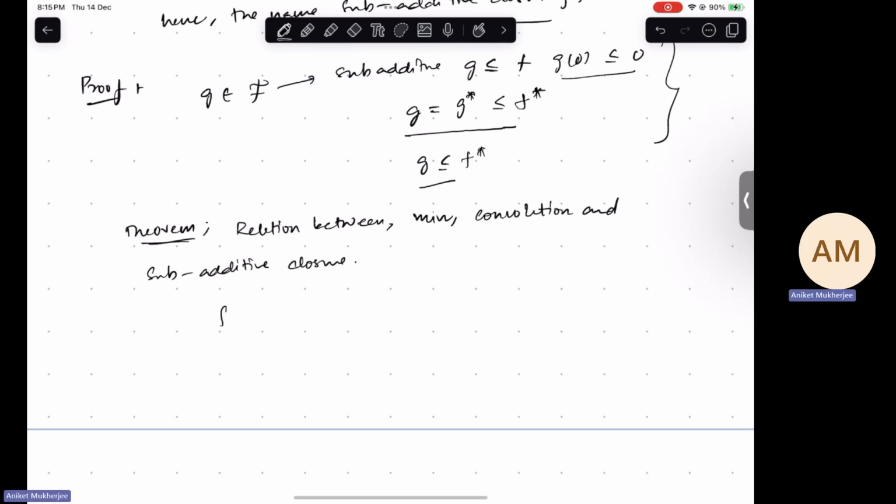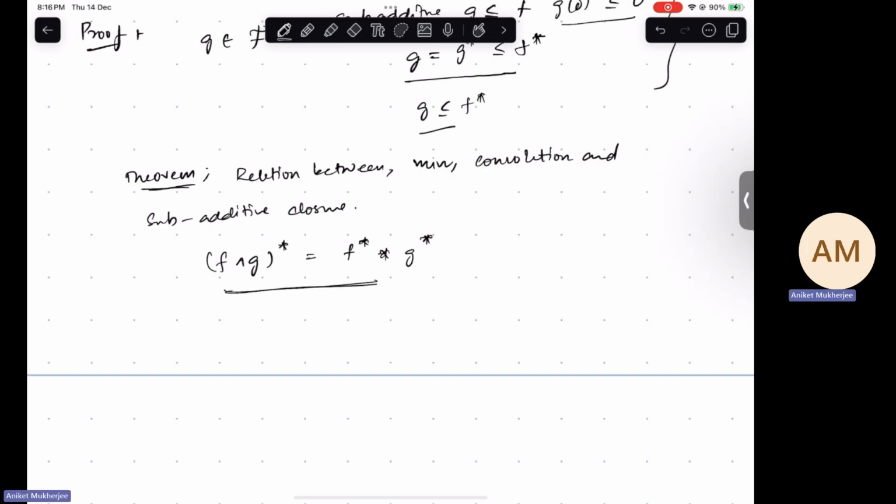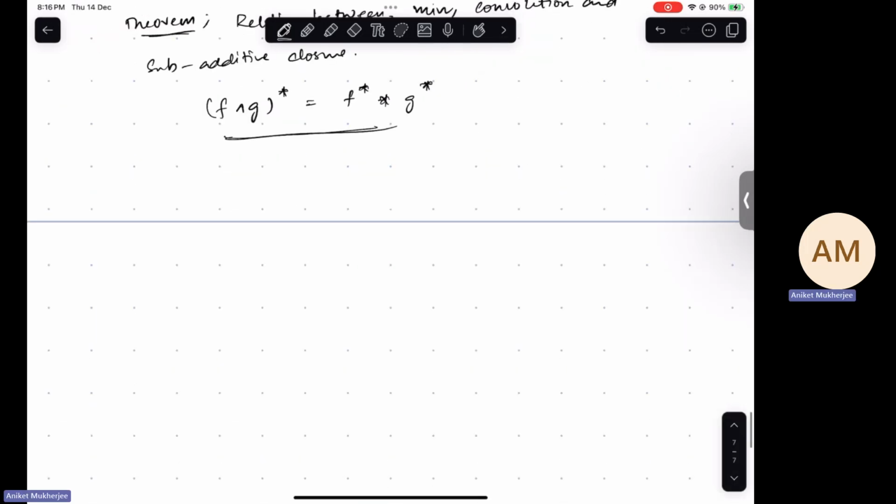That relation, I'll write it down. F pointwise minimum with G, the Kleene star operator, is F Kleene star operator convolution G Kleene star operator. Okay, so this relation I'll prove tomorrow in the next class. This will be used in computing subadditive closures of functions.